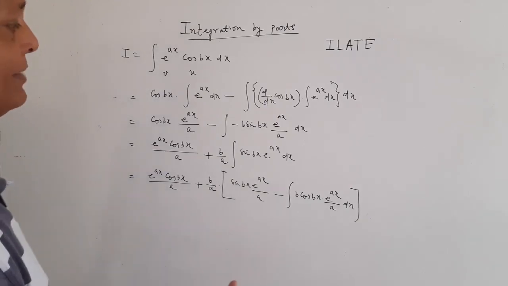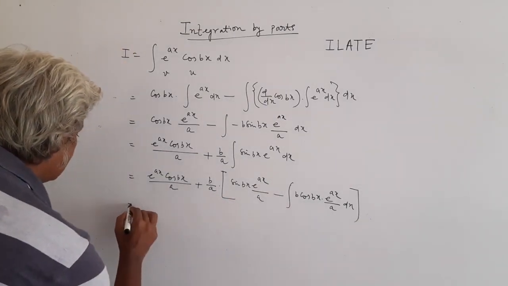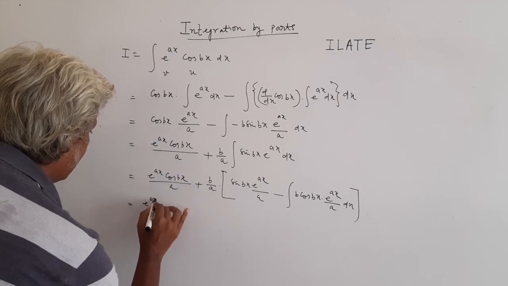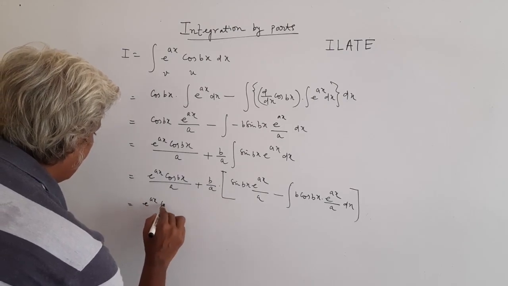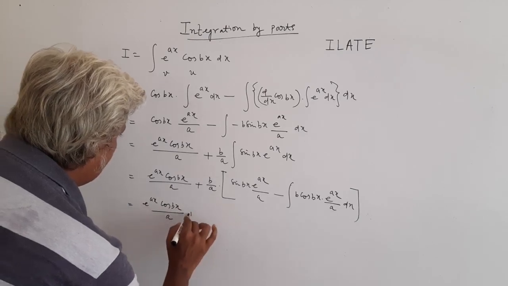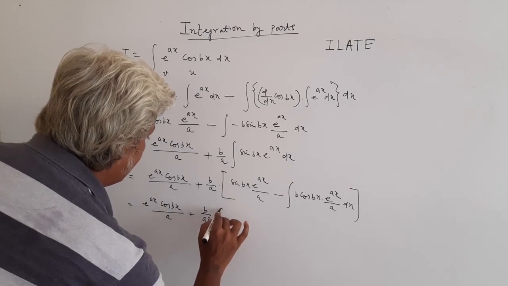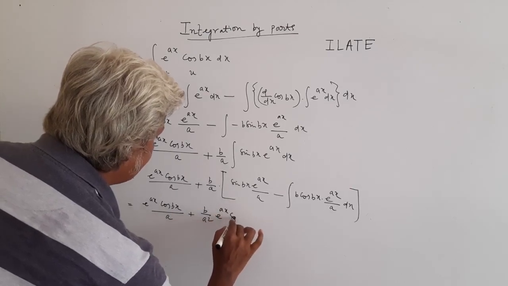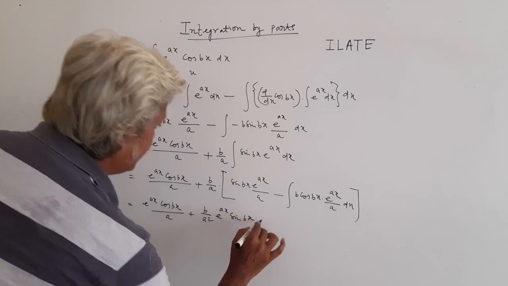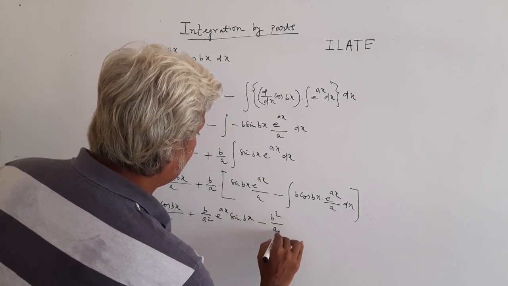Now how to eliminate this term, let me explain to you. So this is e to the power ax cos bx over a plus b over a square e to the power ax sine bx minus b square over a square.